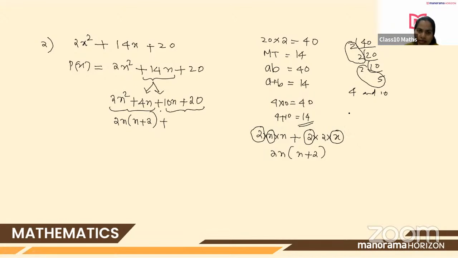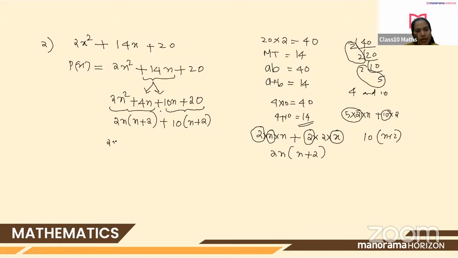Plus the next terms are 10x plus 10 into 2. So we can take 10 as common. That is 10 into x plus 2.